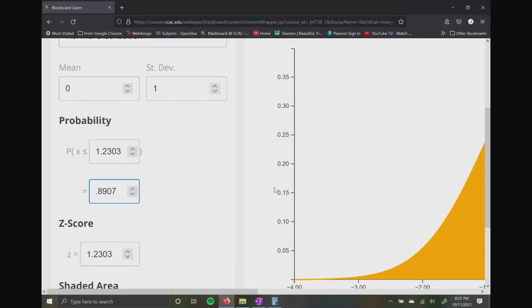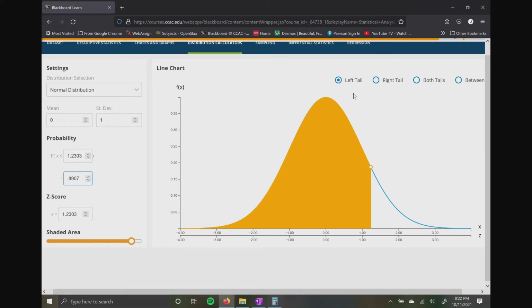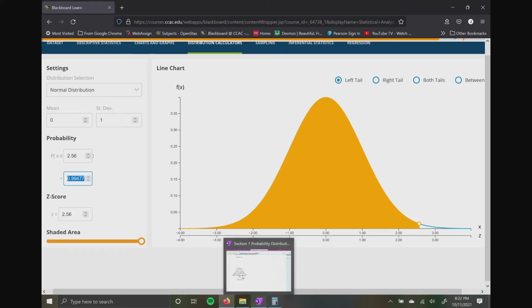So I want a left tail, and I'm going to change my z-score to 2.56. And I find that that is an area of 0.9947 or 0.9948, we'll call it. Let me write that down.